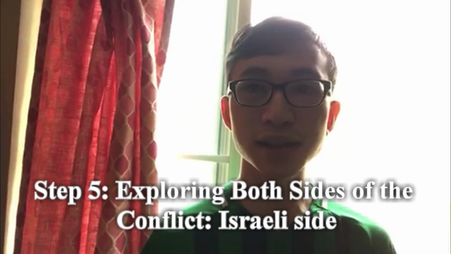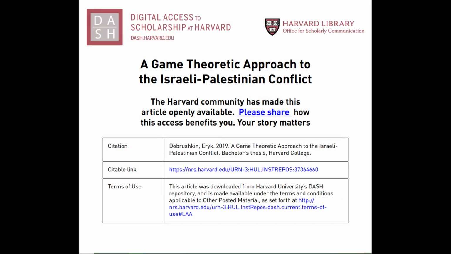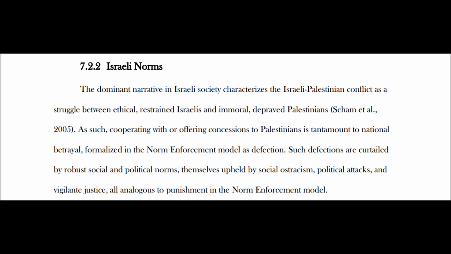The Israeli-Palestinian conflict is deeply ingrained into Israeli society. For example, a paper from Harvard University titled "A Game Theoretic Approach to the Israeli-Palestinian Conflict" says on page 46, "The dominant narrative in Israeli society characterizes the Israeli-Palestinian conflict as a struggle between ethical, restrained Israelis and immoral, deprived Palestinians.